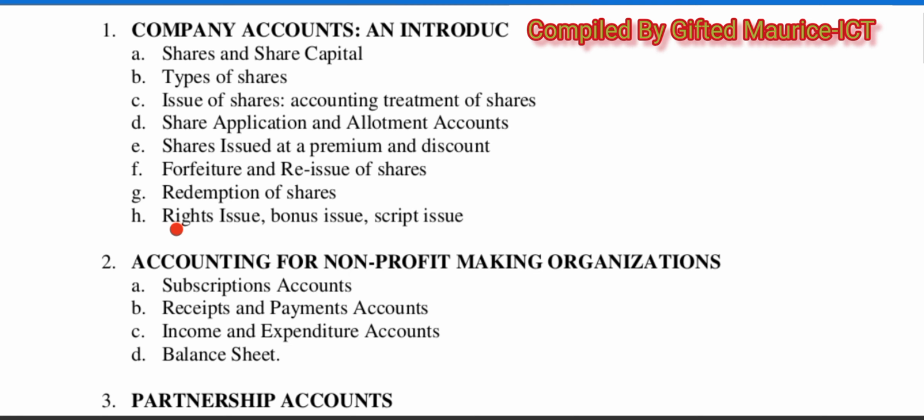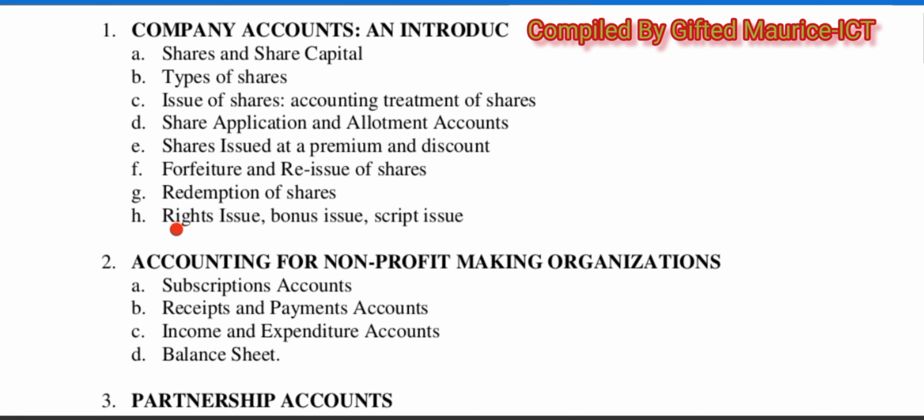And when they are given this right to purchase additional shares, they will do so in proportion to what they already own in the company. For instance, you may be told that you are allowed to add 2 shares for every 10 that you have. So that means the proportion of ownership will not change.